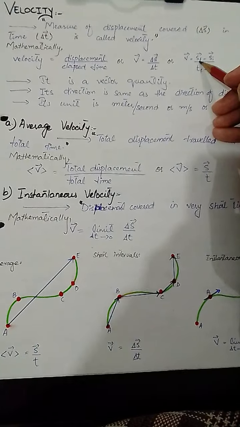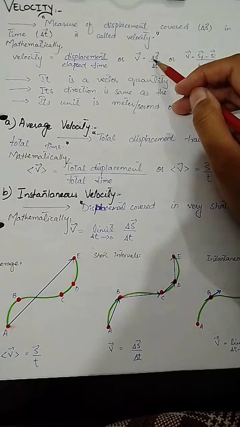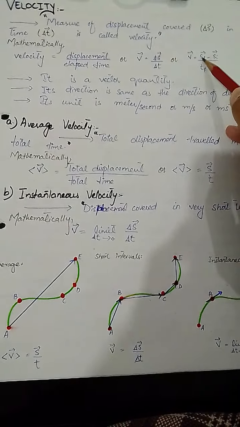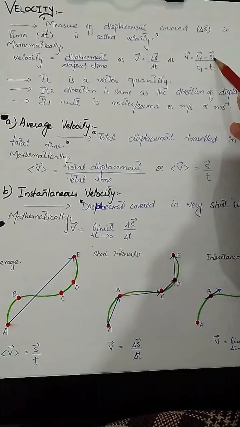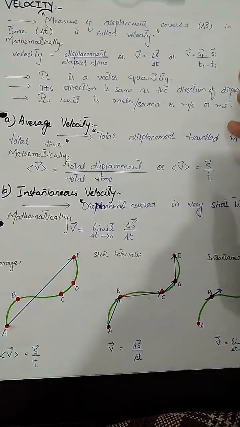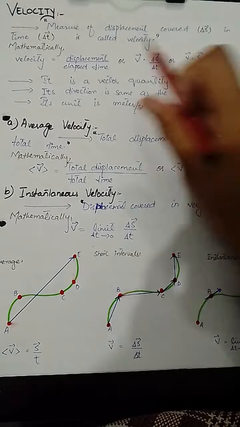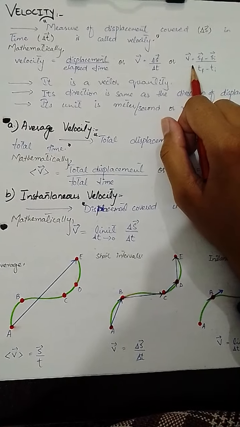So the difference between final value and initial value is del, or delta. So delta s equals s_f, the final displacement, minus s_i, the initial displacement, divided by final time minus initial time, right? So all three are the formulas for the velocity.